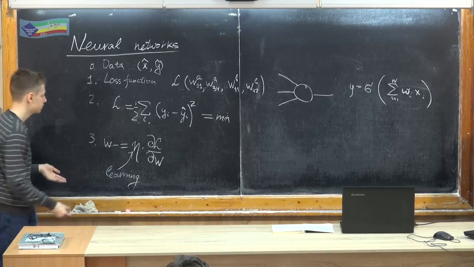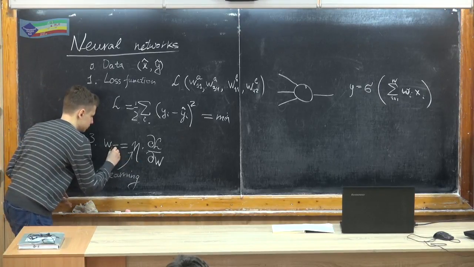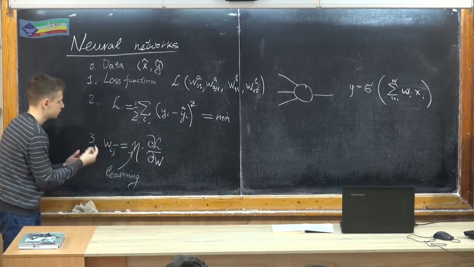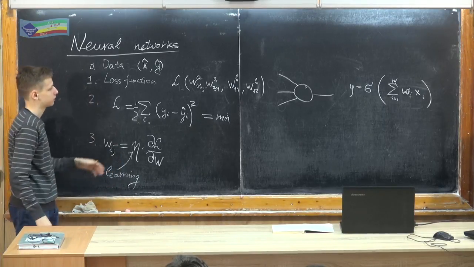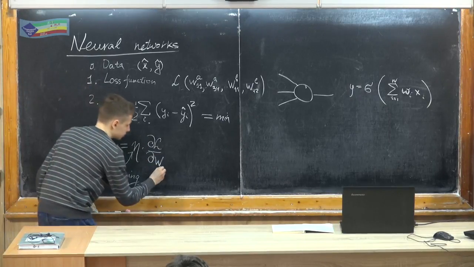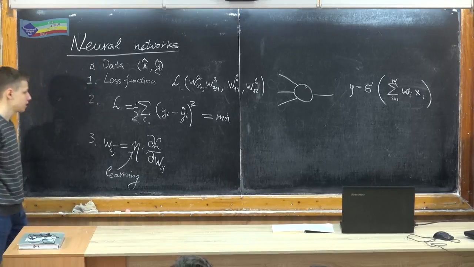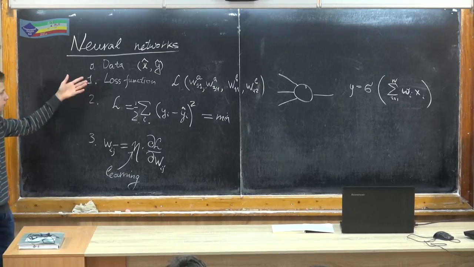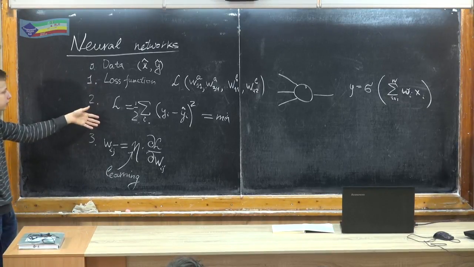So for all weights, like EG or GE, JK, we will have a lot of matrices, a lot of tables. We update each weight as follows. And so we have the loss function, it's totally defined.